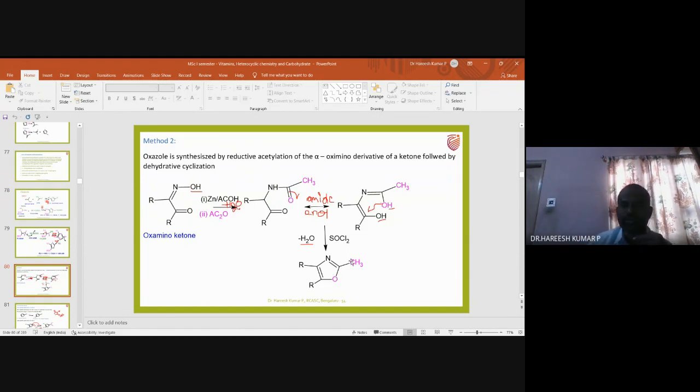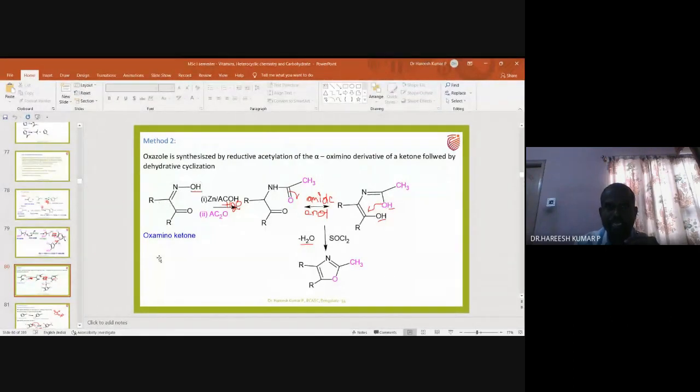One is reductive acylation, and the other one is dehydrative cyclization. These two words you need to remember when you are writing the method 2 synthesis of the oxazole. So oxazole is synthesized by reductive acylation of alpha oxamino ketone. This is the ketone, and this position is called alpha, and this group is called oxamino.